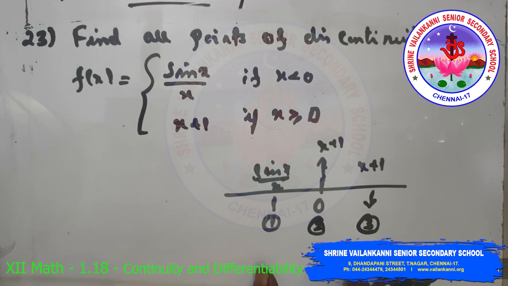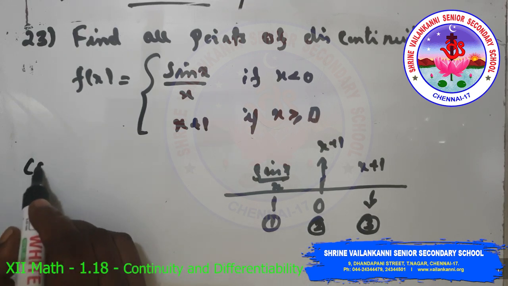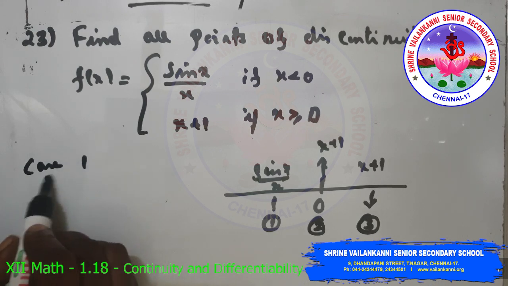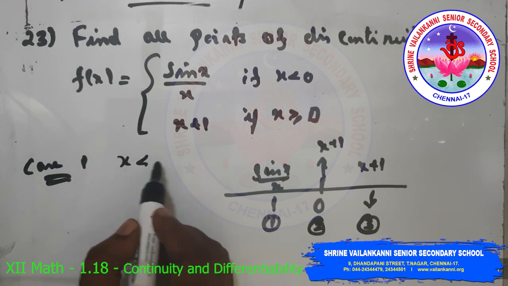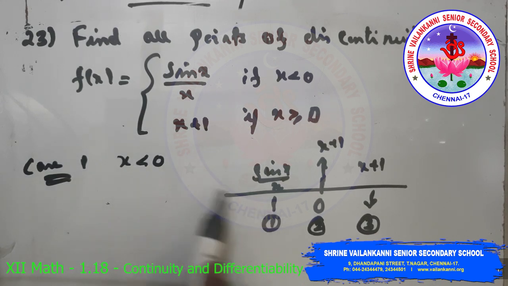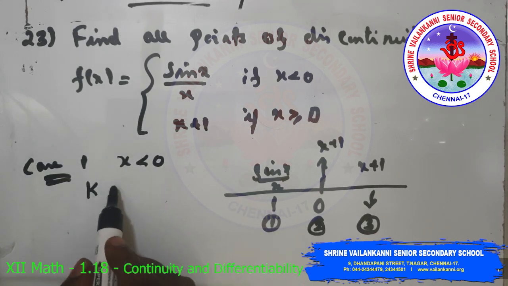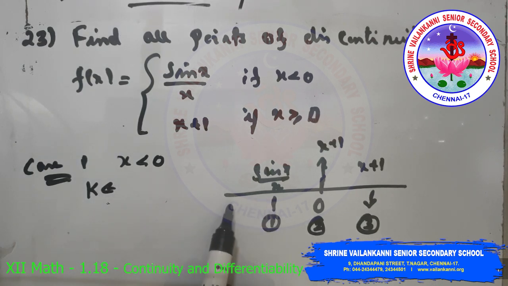So we have to consider three cases. Case 1, x is less than 0, that is, k belongs to the values from minus infinity to 0.